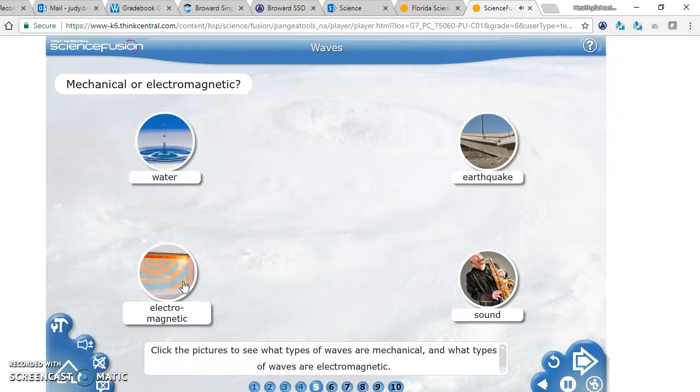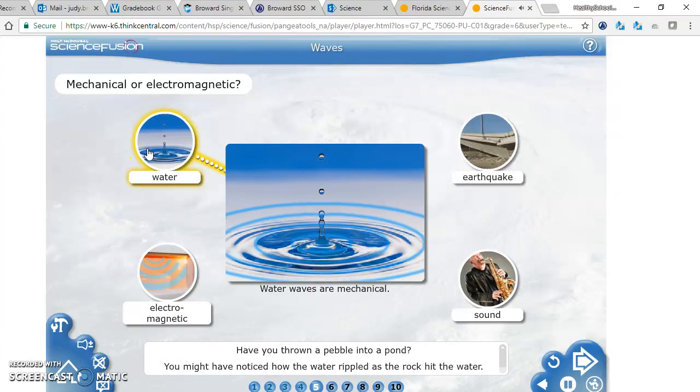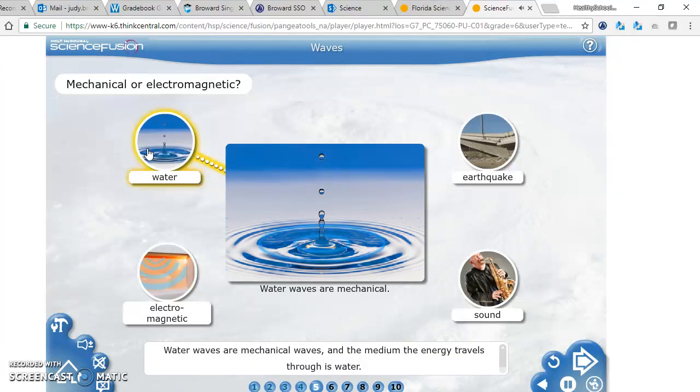Click on the pictures to see what types of waves are mechanical, that do need a medium, and what types are electromagnetic, that do not need a medium. Water waves are mechanical. They do need a medium.